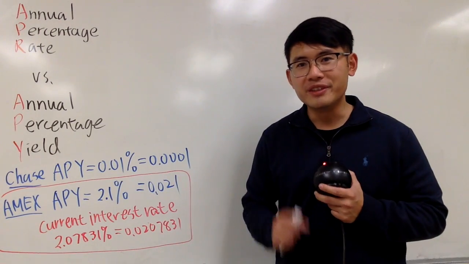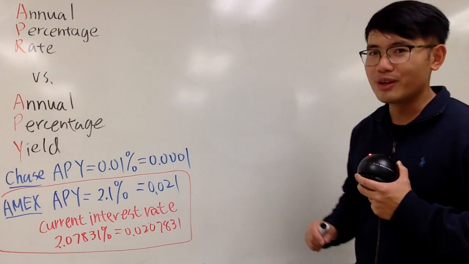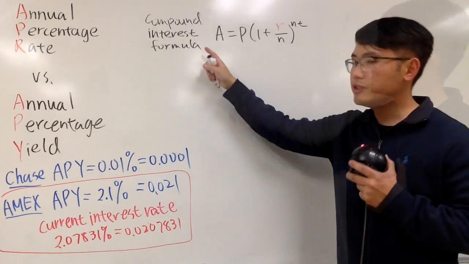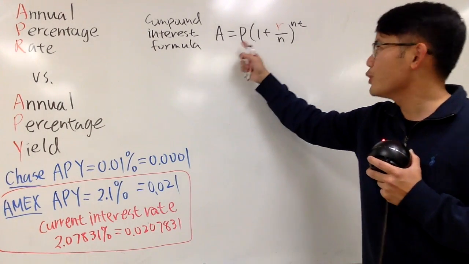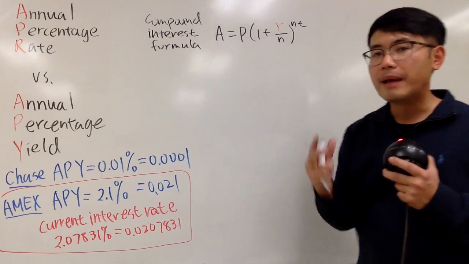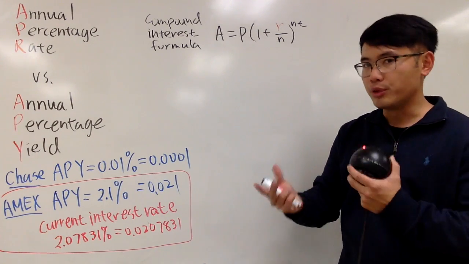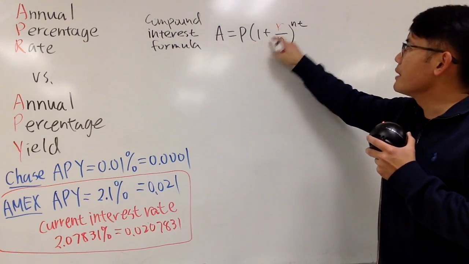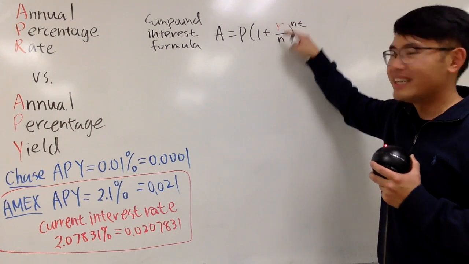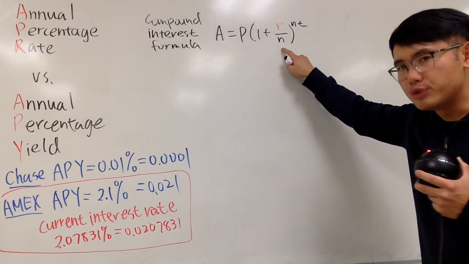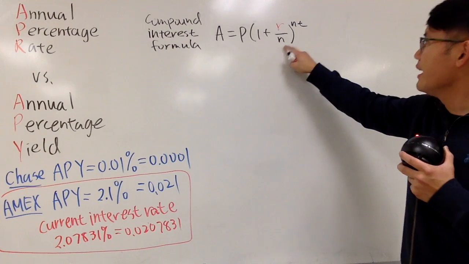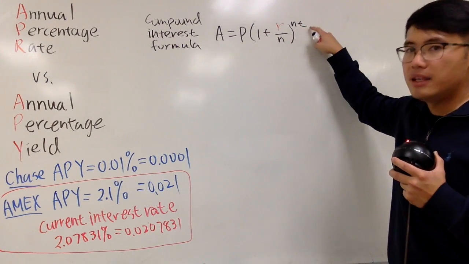Because we just mentioned compound interest, let's take a look at the compound interest formula, which says the amount that you can get is equal to P, which is the principal. That means the money that you have right now, the money you put in, and you multiply this by 1 plus R, which is the interest rate, divided by how many times you compound in a year, that's N, and then you take this raised to the NT power.